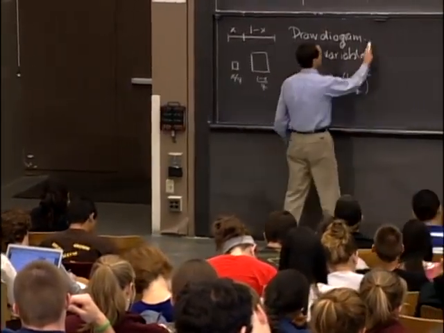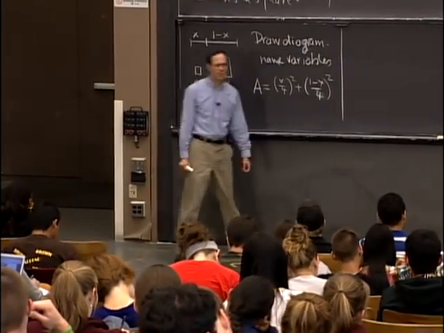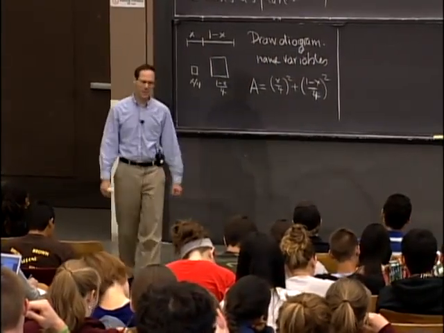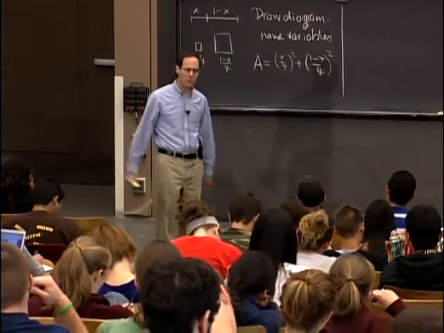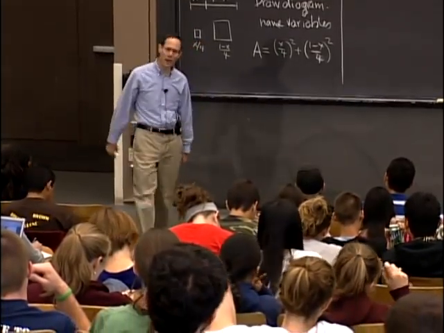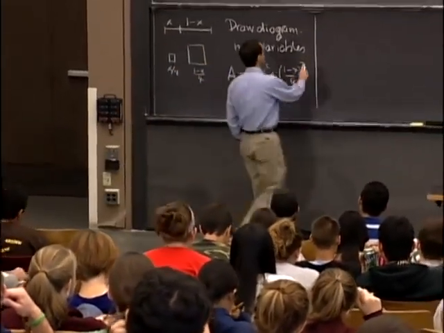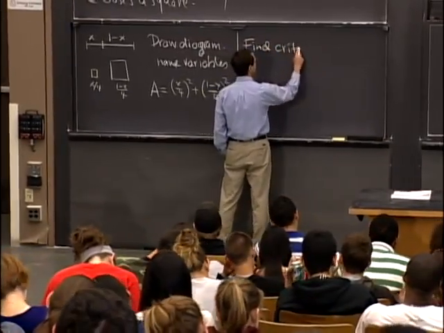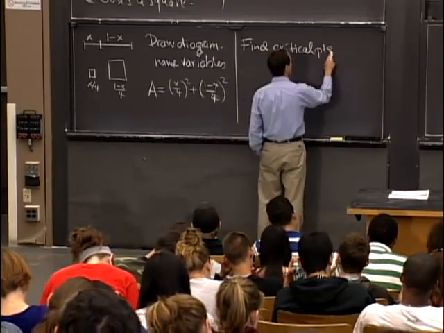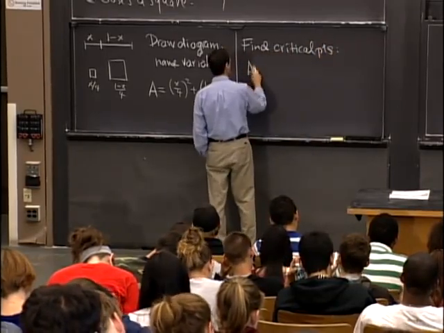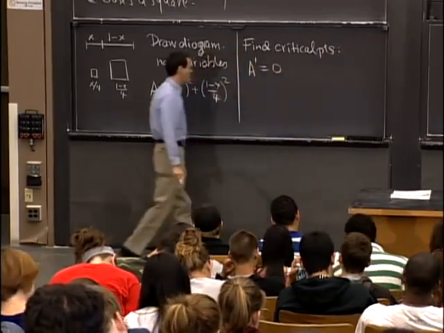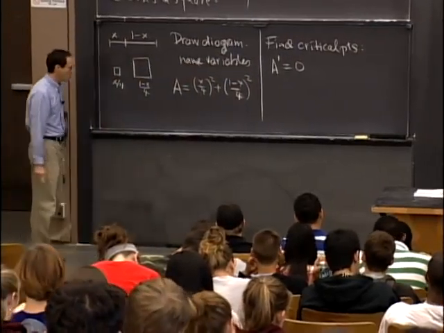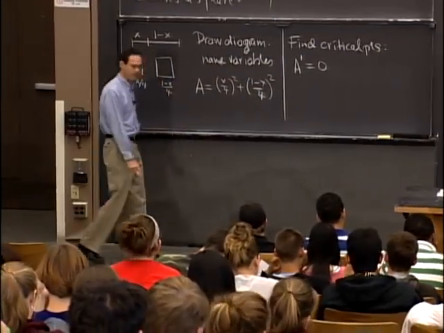Now, the instinct that you will have, and I'm going to yield to that instinct, is we should charge ahead and just differentiate. That's all right. We'll find the critical points. So we know that those are the important points. In other words, we take the derivative, we set the derivative of A with respect to x equal to 0.